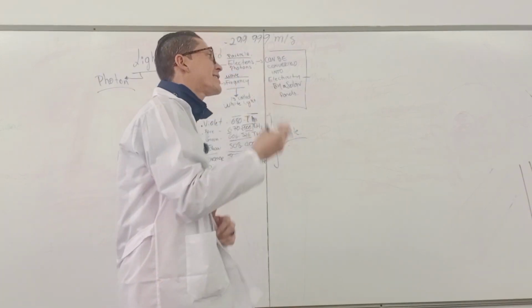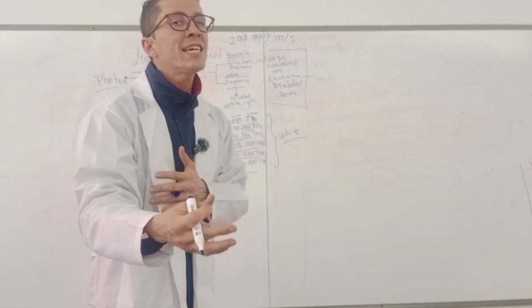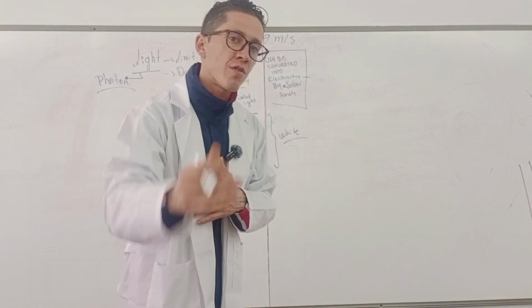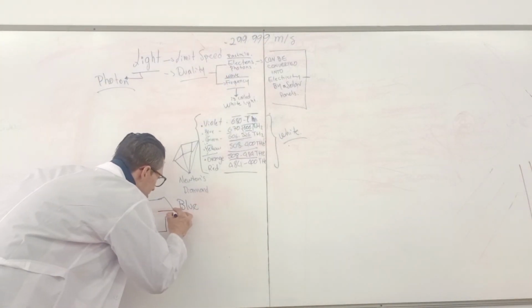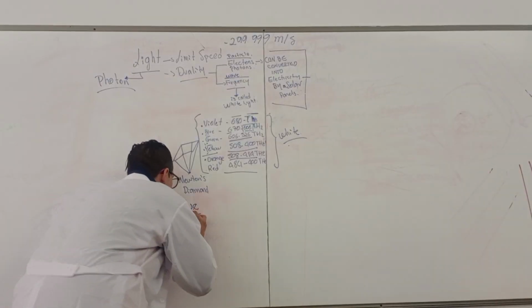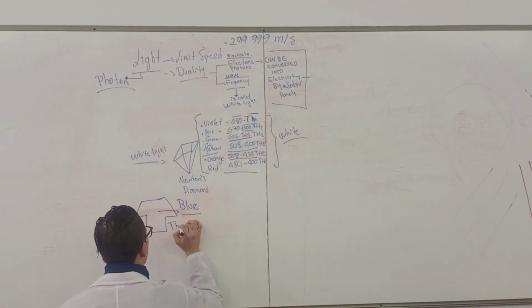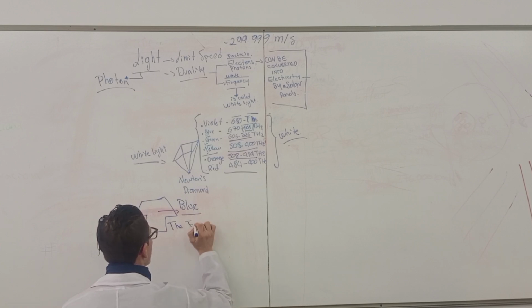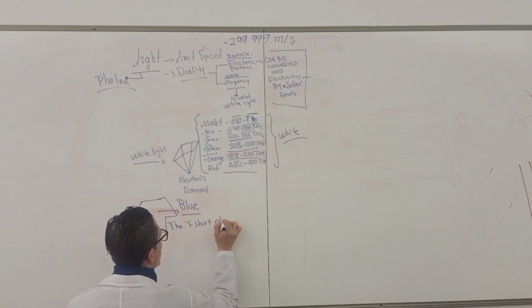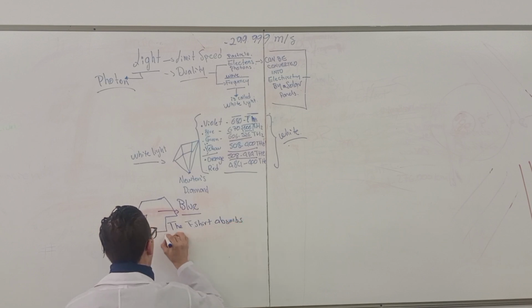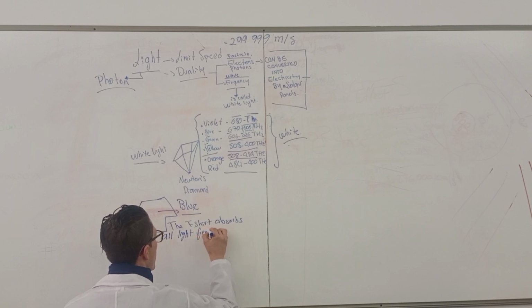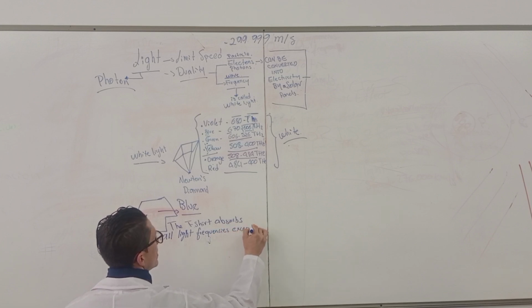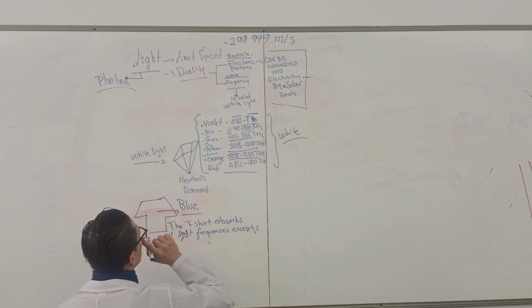It means that blue isn't absorbed by the t-shirt, right? Then if the t-shirt is blue, the real meaning behind the science is that the t-shirt absorbs all light frequencies except blue.